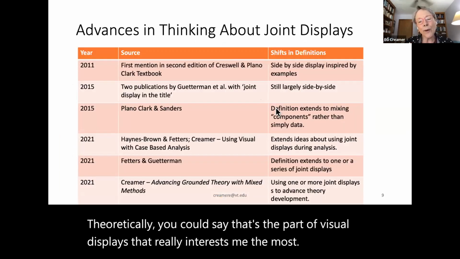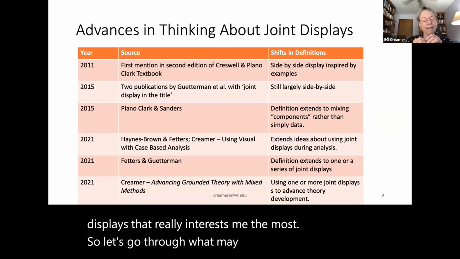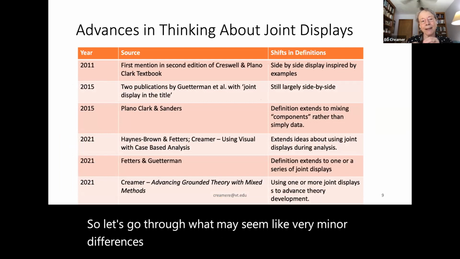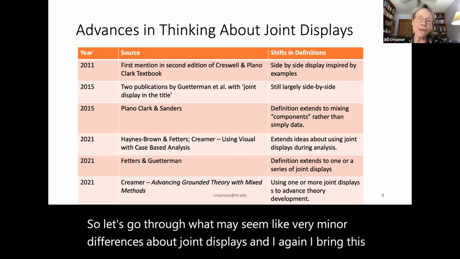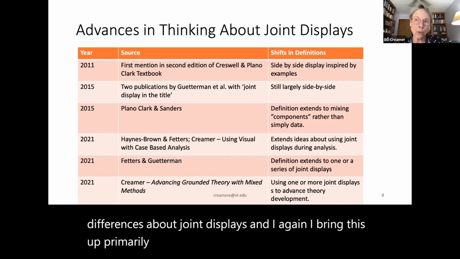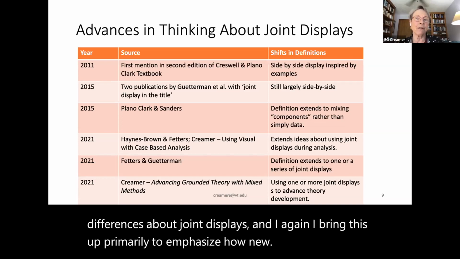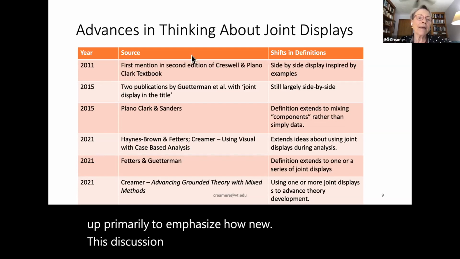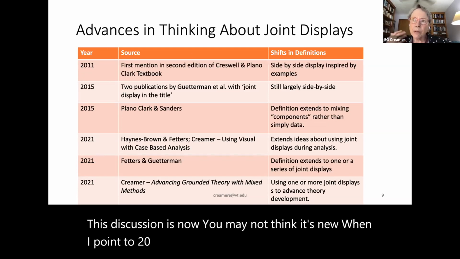So let's go through what may seem like very minor differences about joint displays. And I bring this up primarily to emphasize how new this discussion is. Now, you may not think it's new when I point to 2011 as the place that it started to emerge.